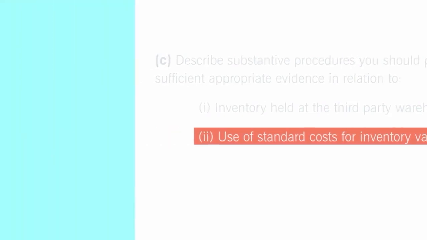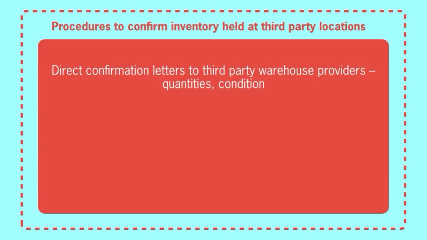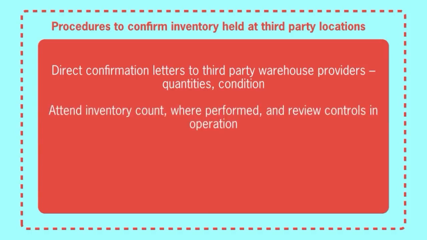Dealing firstly with the inventory held at the third-party warehouses, the auditor should send a letter requesting direct confirmation of inventory balances held at the year end from the third-party warehouse providers regarding quantities and condition. The auditor should attend inventory counts, where performed, at third-party warehouses and review the controls in operation to ensure the completeness and existence of inventory.